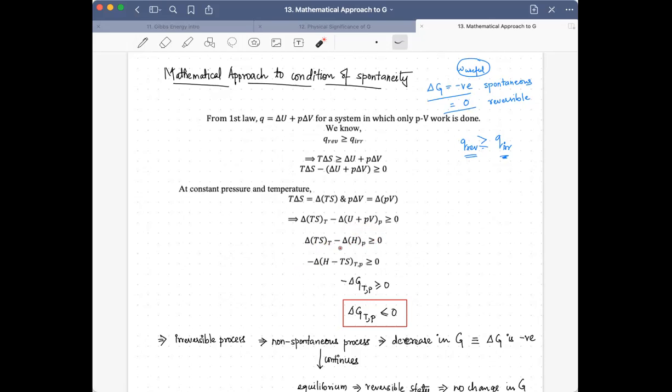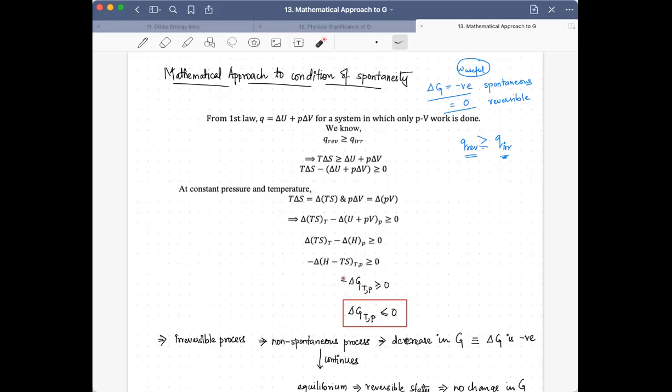Now, if you take a minus sign out, then the equation can be rewritten in this format. Here again, I have taken the delta sign as common. So you have delta of (H minus TS) at constant T and P, with these two variables constant, greater than or equal to 0. Now, H minus TS by definition is equal to Gibbs energy. So the equation is now rewritten as delta G at constant T and P greater than or equal to 0.